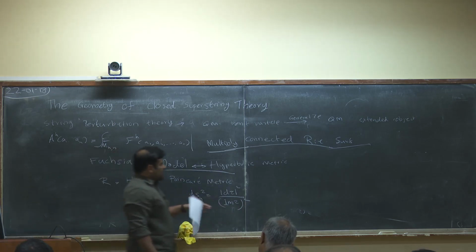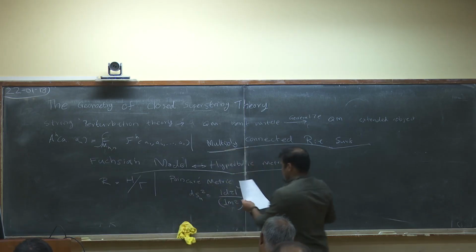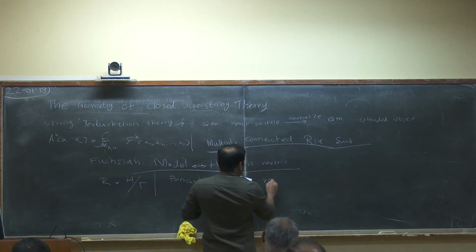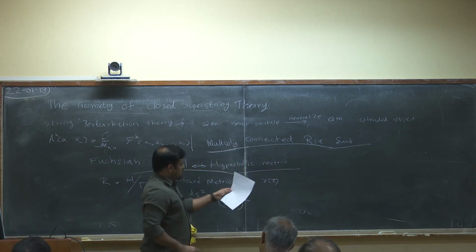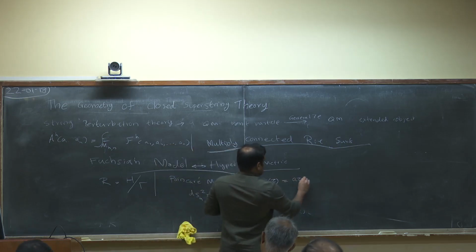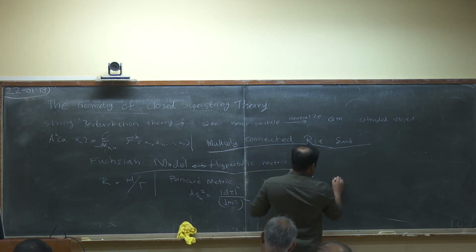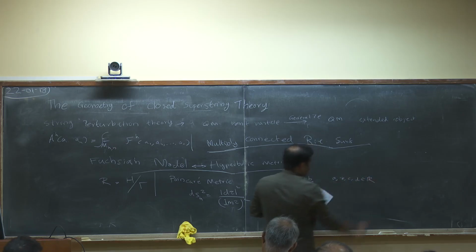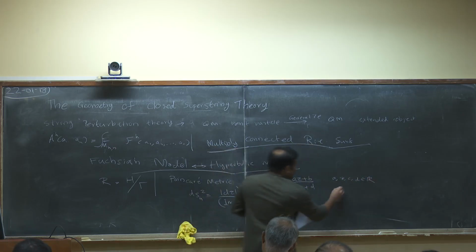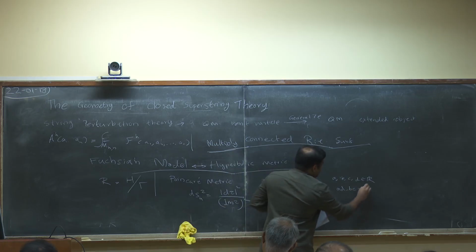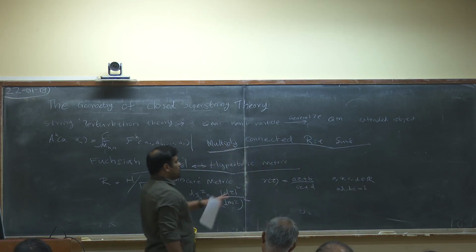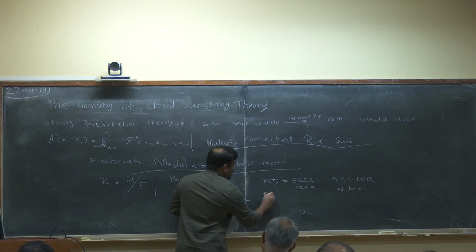Then this metric has a symmetry. If I consider a transformation ζ to γζ, which is given by a real Mobius transformation, with a, b, c, d all belonging to the real numbers, and ad minus bc must be equal to 1. Such transformations form a group PSL(2,R).